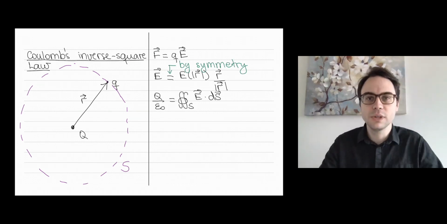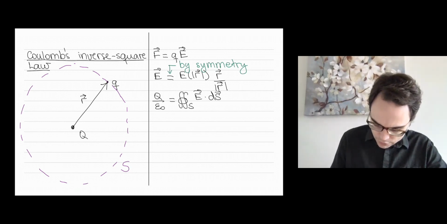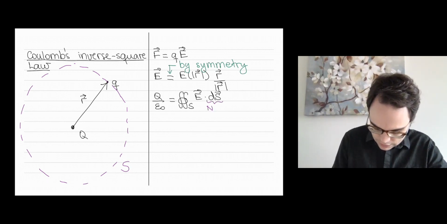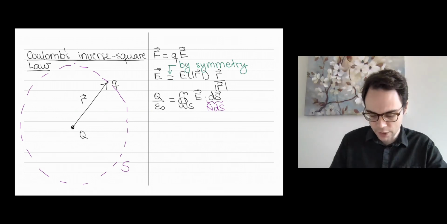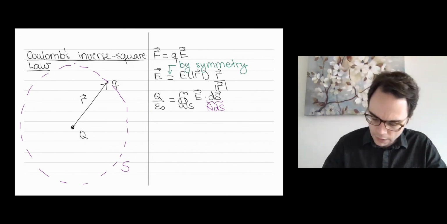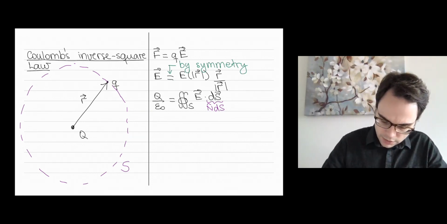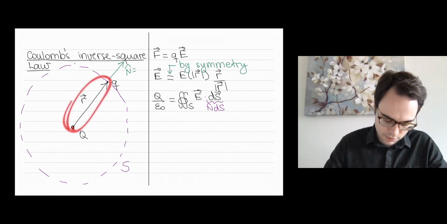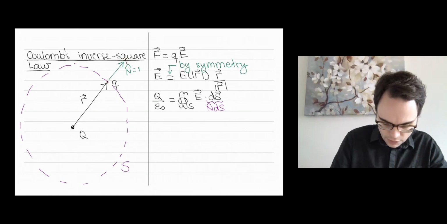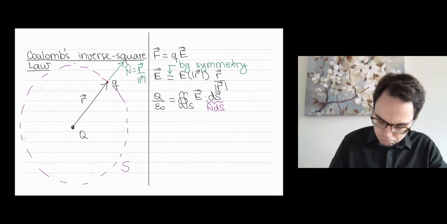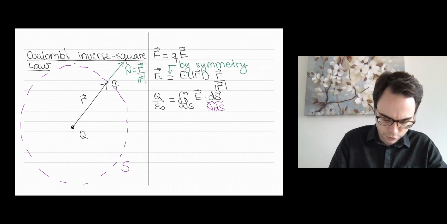Okay, now let's do some math. First, let's remember that dS is the unit normal times dS without the arrow, the area element on the surface. Let's also note that on this surface, the unit normal is just the vector r, placed at points of the surface, so that's r divided by its length. I'm imagining that the point Q could be anywhere, so I'm viewing r as a function of points on the sphere.